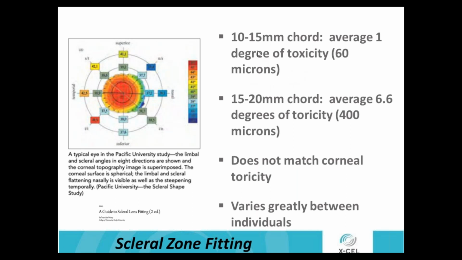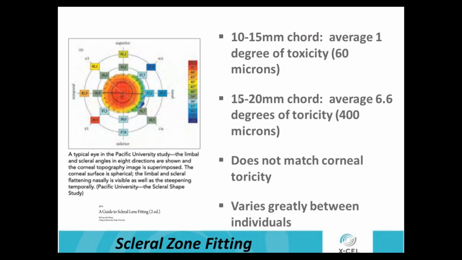We used to think that there was very little when we were at a 15 millimeter cord. But we've since learned that even at a 15 millimeter cord, there is significant toricity, so a difference between each meridian causing toricity.